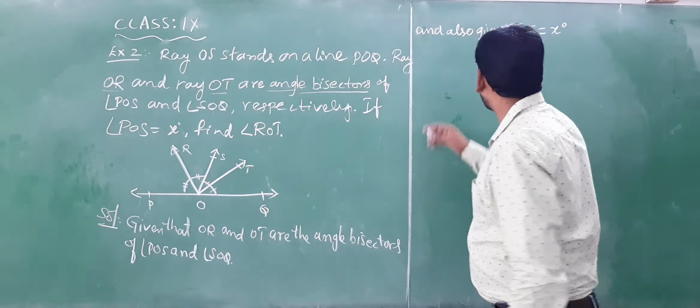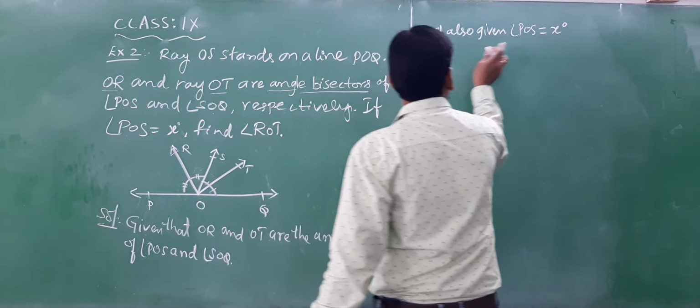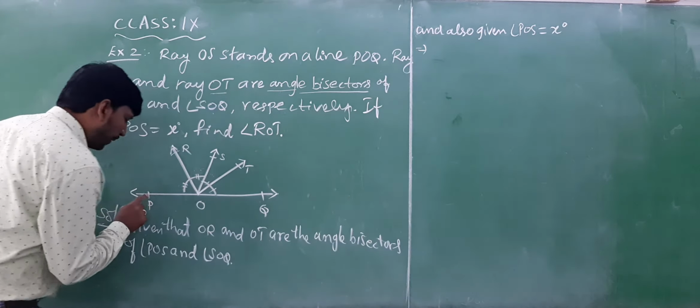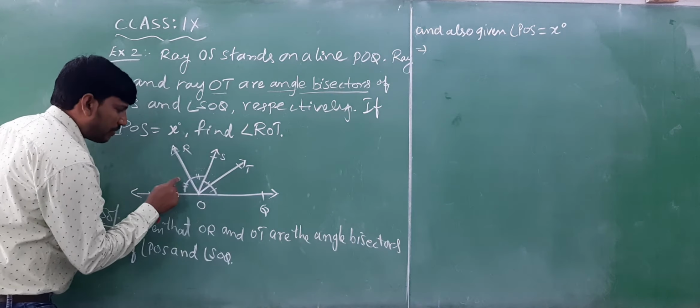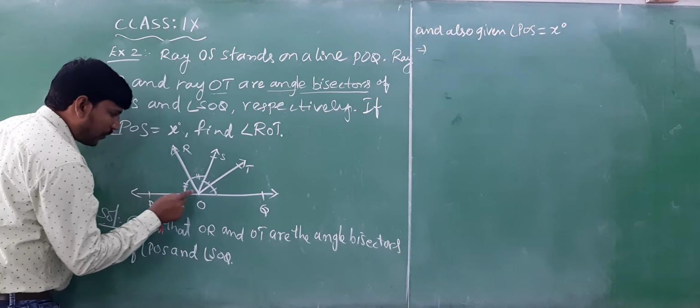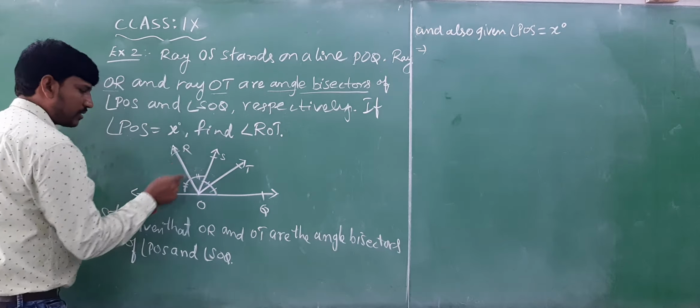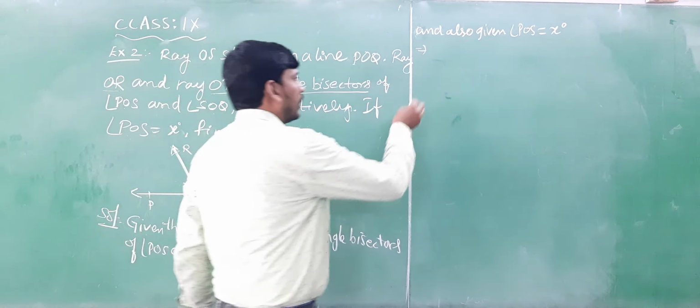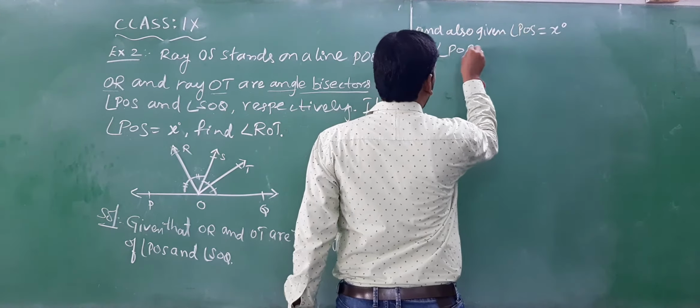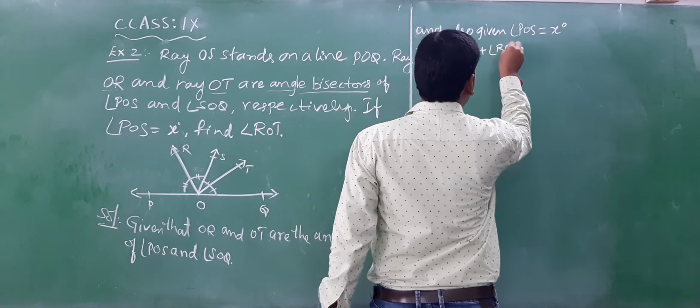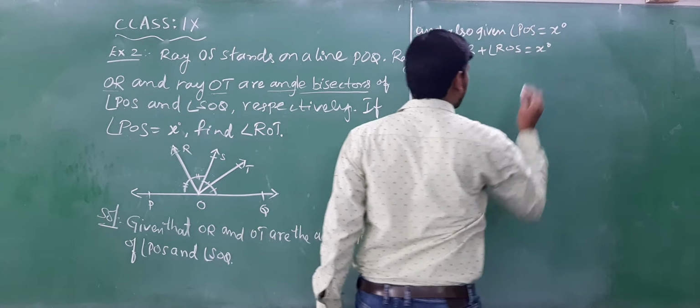See children, POS is nothing but the sum of these two angles, POR plus ROS. So POR plus ROS is equal to x degrees.